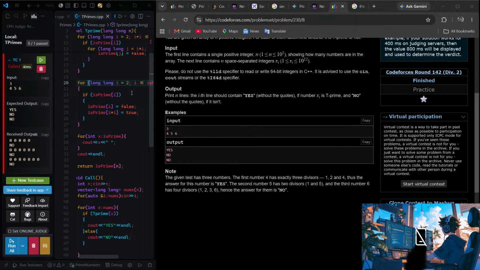So I'll mark that if this is a prime, I will mark this false, this is not a T-prime here, and i into i will become T-prime. This will give me 0, 0, 0. I don't know why.